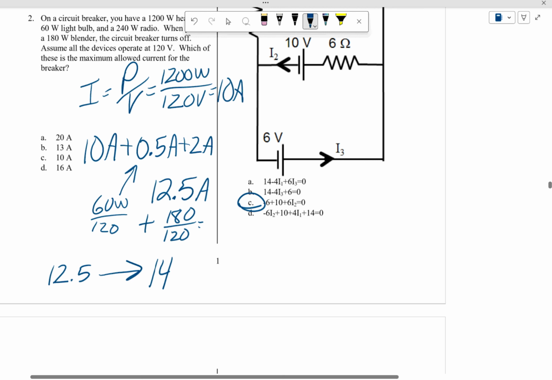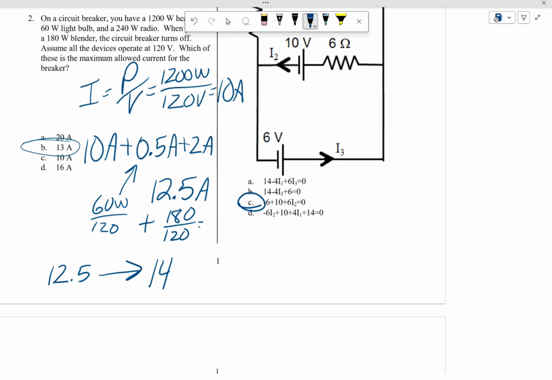I'm working just fine at 12.5 amps, but when I try to put 14 amps, the circuit breaker turns off. So I'm looking for a number between 12.5 and 14. Obviously, that's B, 13 is the right answer. Okay, that good? Calculate the current for each one. Find the sum of all the devices that are working just fine, and then add in that extra device, and then somewhere in between those two numbers is your answer.